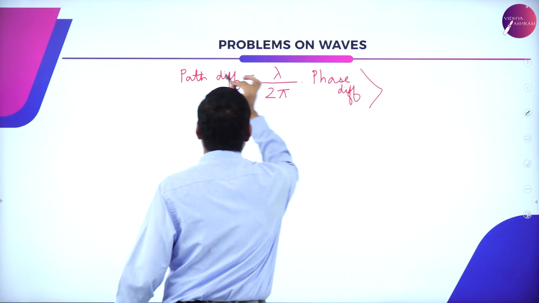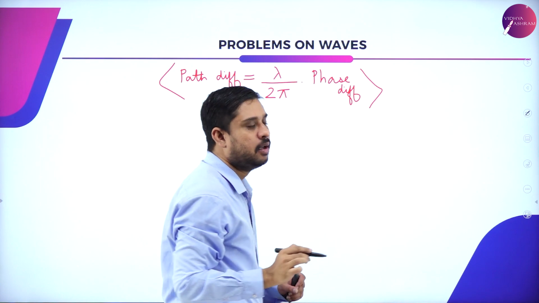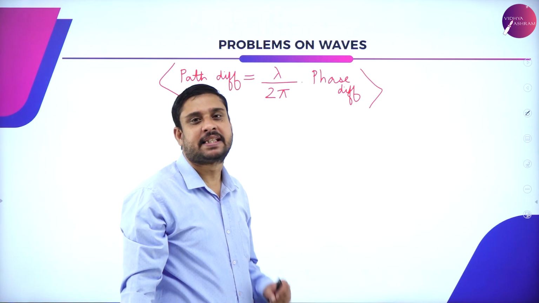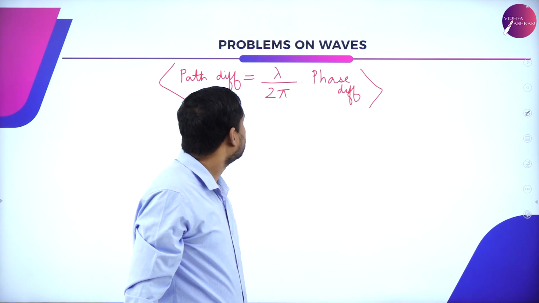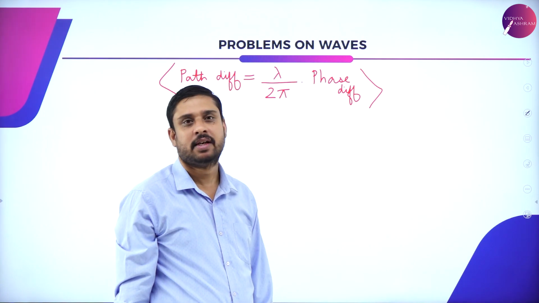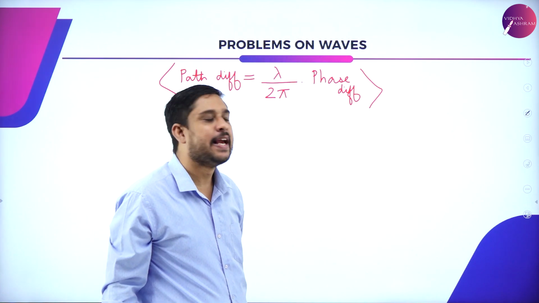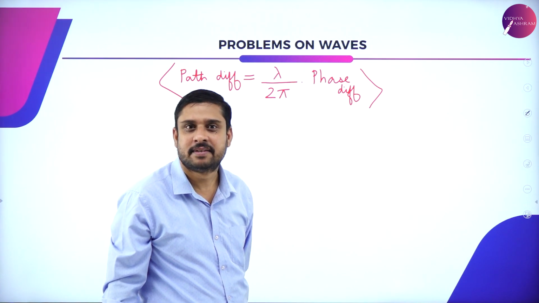See, phase difference was 2 pi by lambda times path difference, so path difference is lambda by 2 pi phase difference.